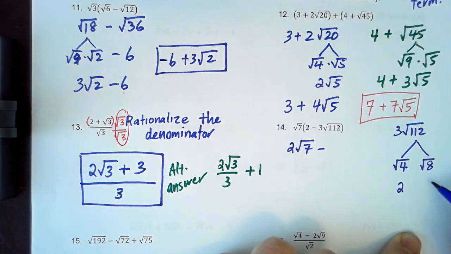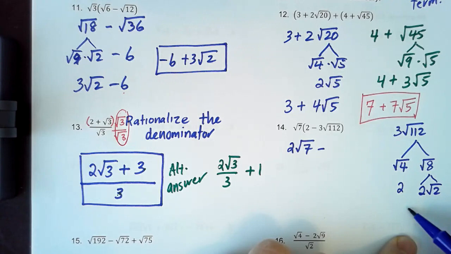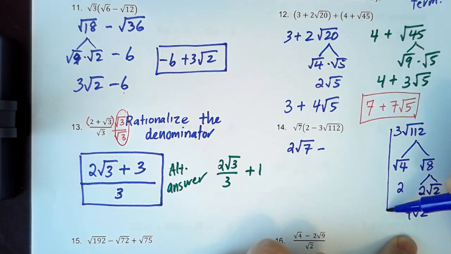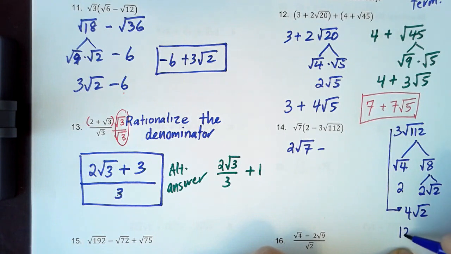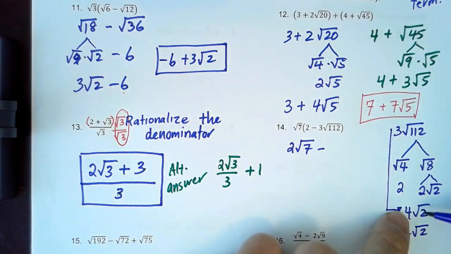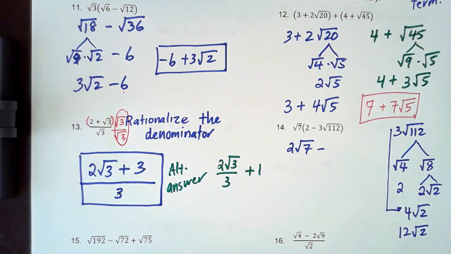This becomes 2, and this becomes 2 root 2. So it finally becomes 4 root 2, and then I don't forget about that 3, and it ends up being 12 root 2. The fact that this was 4 root 2 tells me that 16 was a factor of 112. And that probably would have been 7. 16 times 7, yeah, that would have worked.